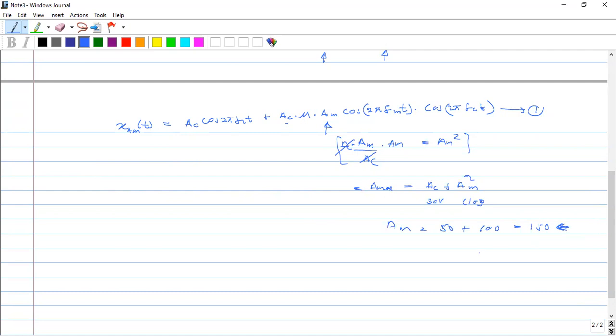Now the minimum, AC minus AM square, gives 50 minus 100, so I will get minus 50.